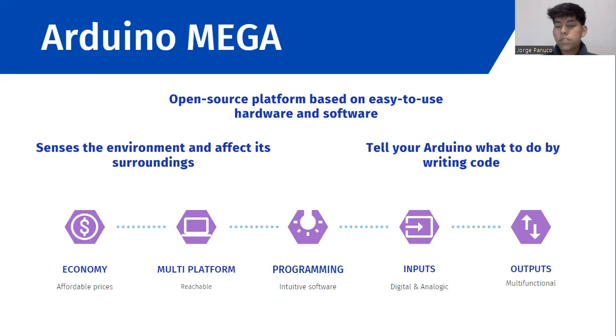And all its outputs are very multifunctional because you can connect motors, you can connect LCDs, you can connect matrix keyboards. It's very useful, this Arduino Mega, so it's going to be our controller for our project.